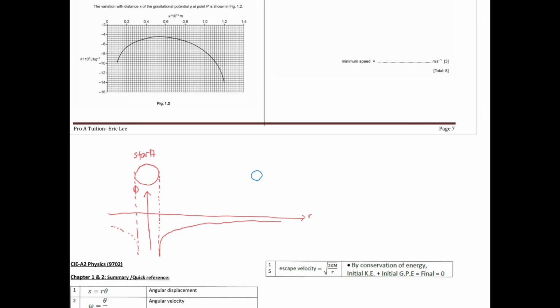So the center of mass, okay, this is star B. Our graph of phi versus r will be like this. This is where I pull down from the surface of the star.